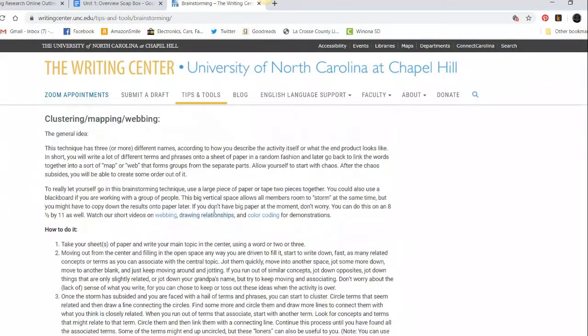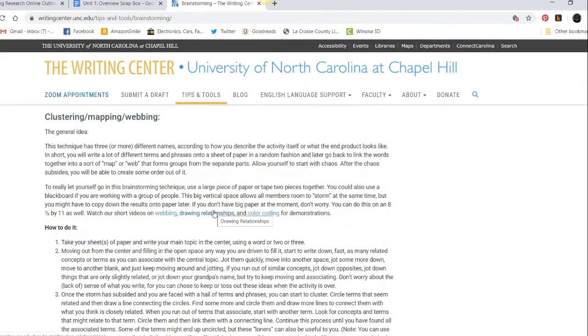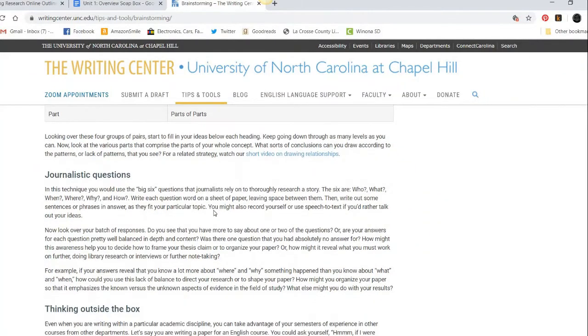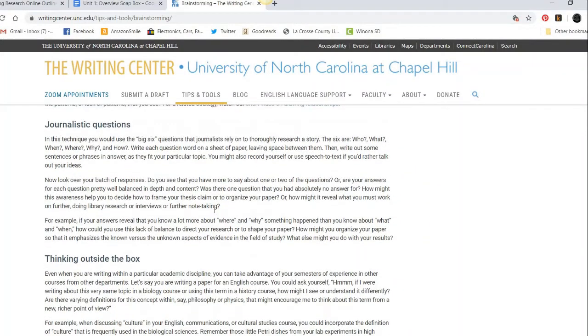Mapping. If you love doing bubble letters, this is essentially just bullet points with bubble letters and circles and hearts and diagrams or spiders and spider webs, however you like to draw it out. Really, a lot of this is getting down here to the journalistic questions, right?